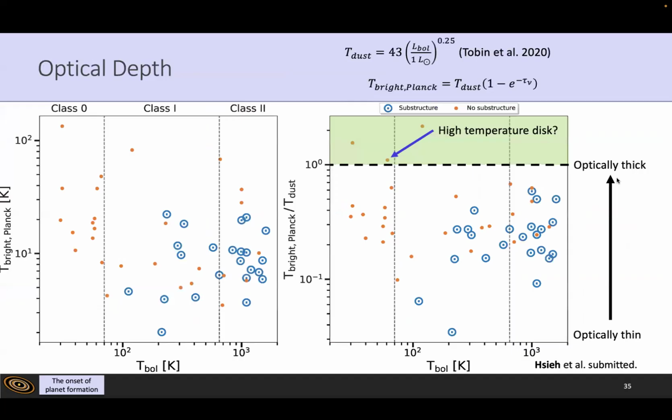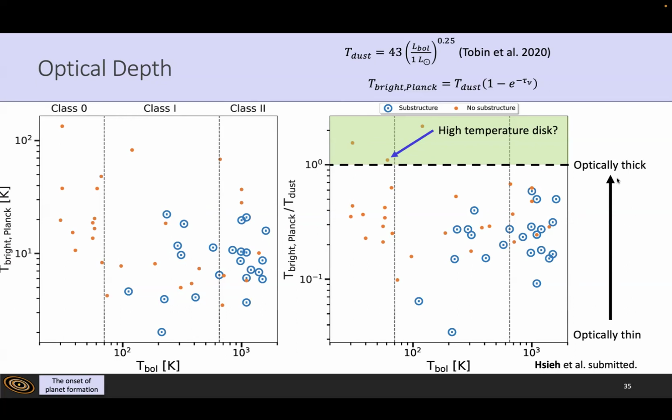Another important consideration for the onset of the substructures is the optical depth effect. It is possible that early on, due to the higher mass and higher temperature, the disk might be optically thick. So the transition from no substructures to substructures might be due to the optical depth effect.